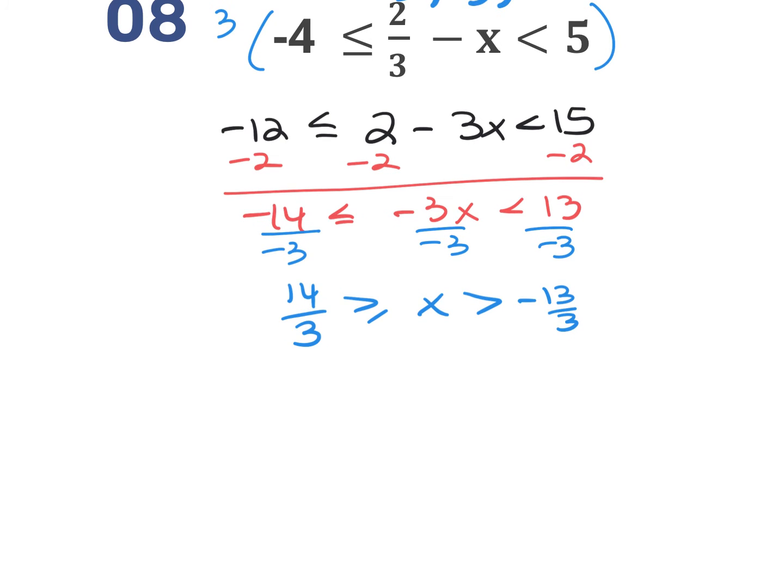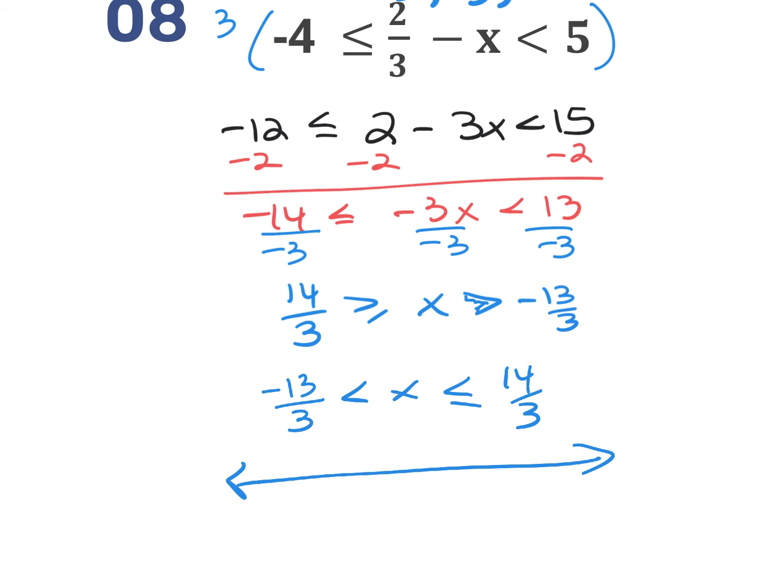I now can graph this, and again, I want to write it from least to greatest. So negative 13/3, and again, remember, to reverse the symbol because Mr. Alligator was eating the X. So we're flipping these both around. And again, add in your numbers.